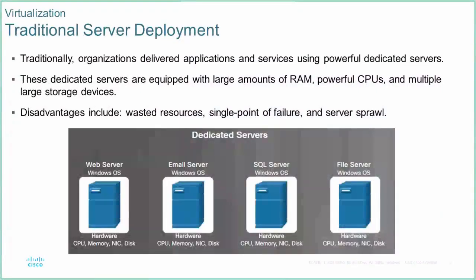So we'd have an email server, SQL server, file servers, web servers, and we would buy the same hardware, the same memory, and basically all that would be different on these servers would be the application running on the operating system. So they'd all basically be running a Windows server, but running a different element of service within that infrastructure.